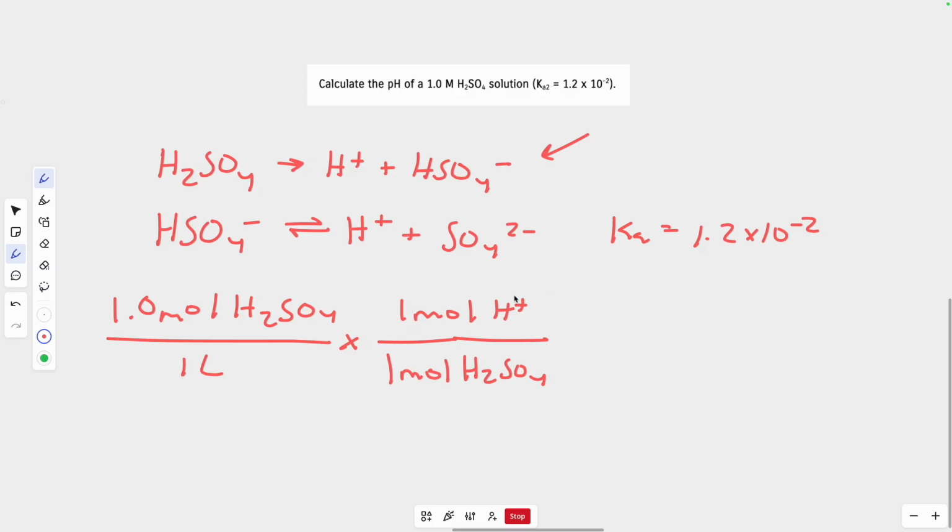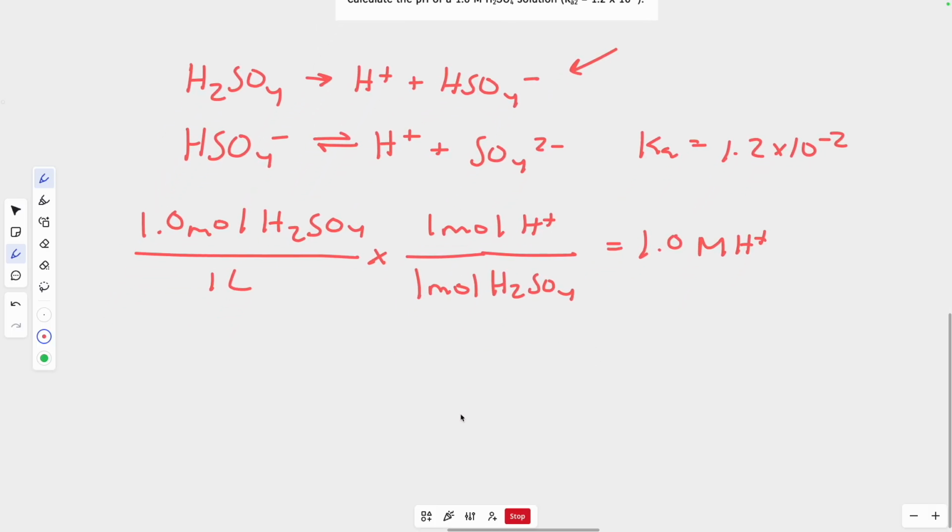We're only considering the first step right now. And that gives you an H plus concentration of 1 molar. So if you were to go forward from here and calculate the pH, which is the negative log of the H plus concentration, you would get the pH to be 0. So that's only considering this first reaction, right? This one gives you a pH of 0.